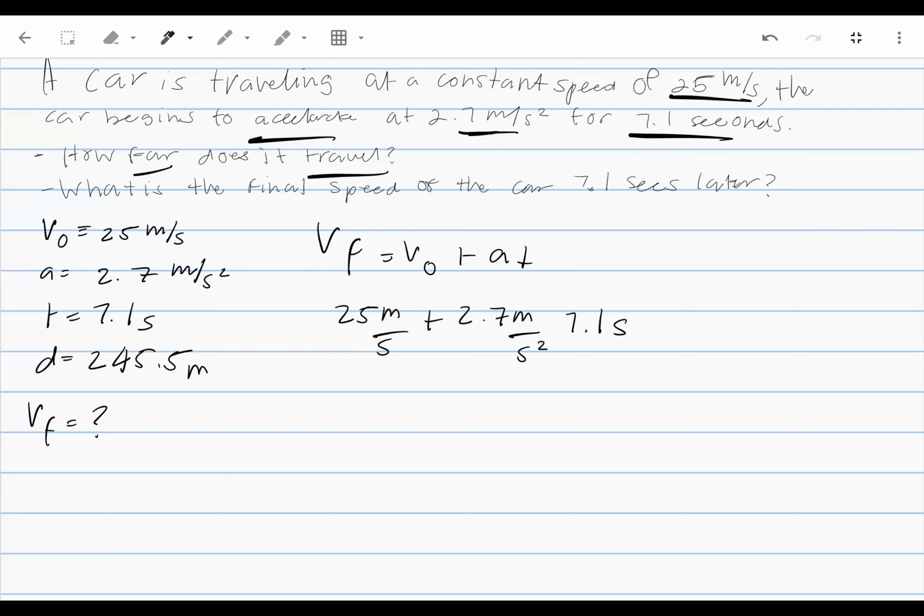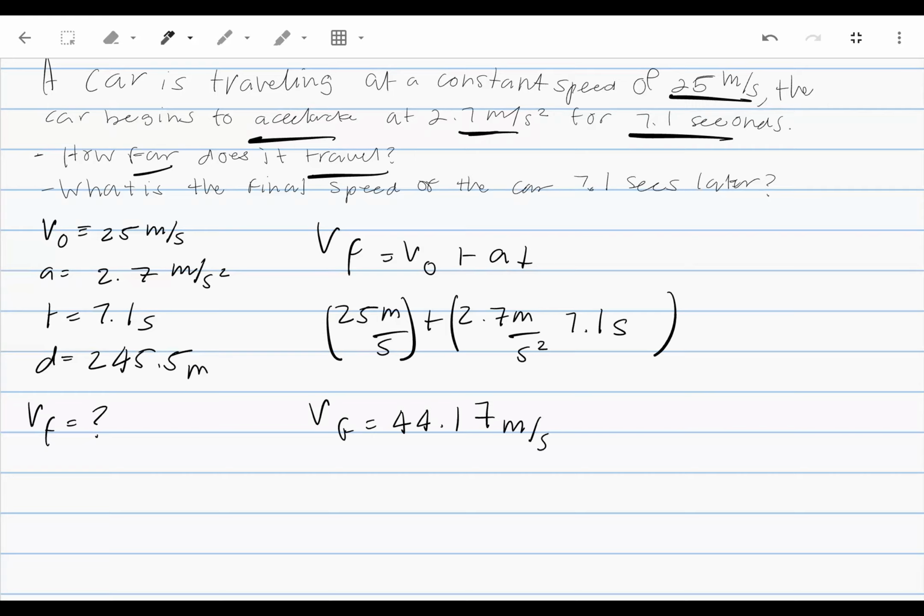In this case, you would just multiply everything out, and you should get the total final velocity of 44.17 meters per second.